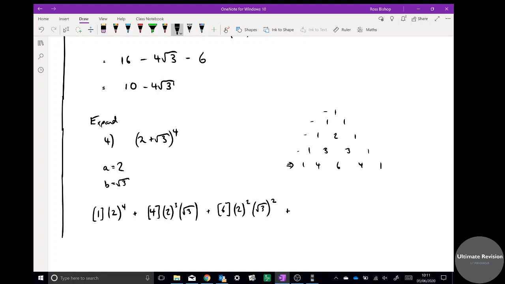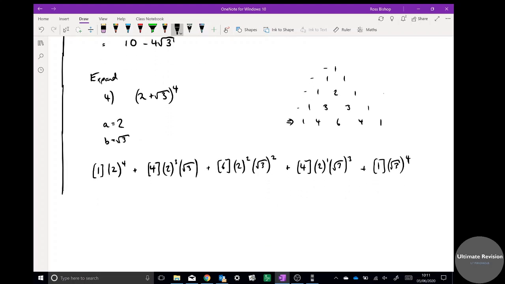Fourth term, 4 from Pascal's triangle, 2 to the power of 1, root 3 cubed, and the final term, 1 from Pascal's triangle, and then it's root 3 to the power of 4. Okay, so hopefully that's a little bit of a recap of using binomial expansion and Pascal's triangle again.